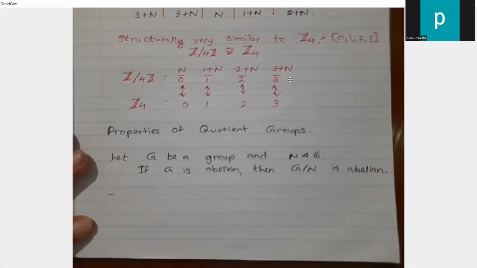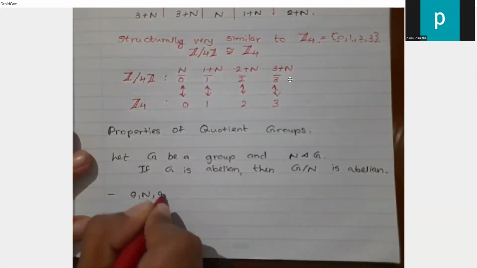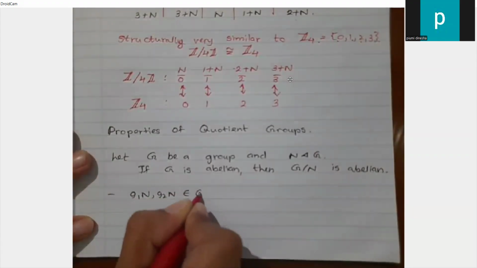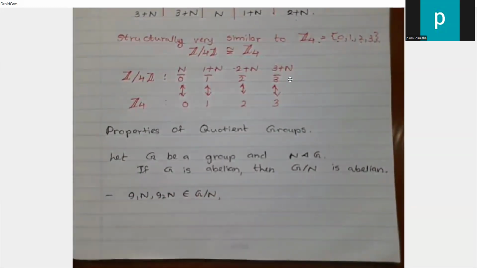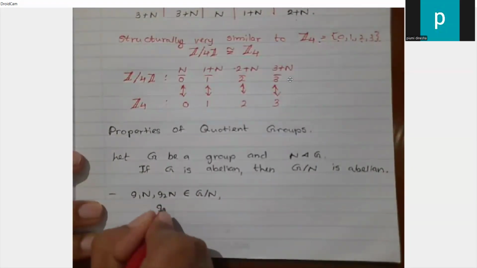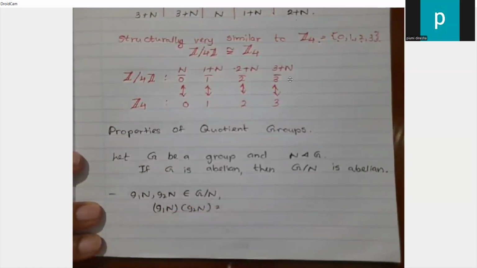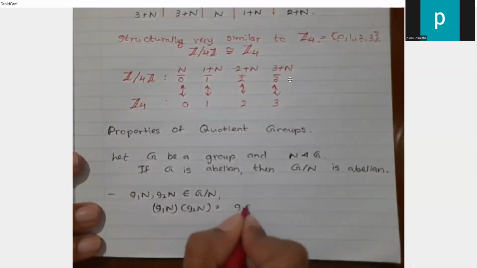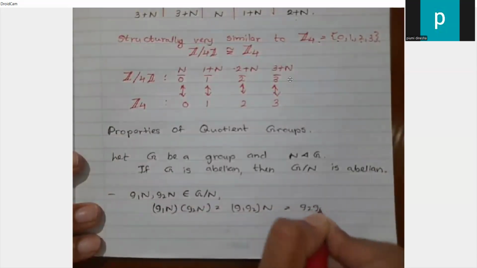Let's take any two elements in G over N. Let's take them to be G1N, G2N in this quotient group G over N. We want to show that these two arbitrarily chosen elements, we can commute and still get the same answer. So we have G1N times G2N. By definition of the binary operation defined over the quotient, we write it as G1G2N. This is equal to G2G1N.